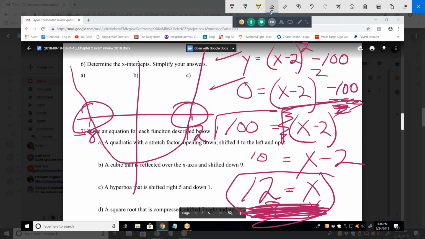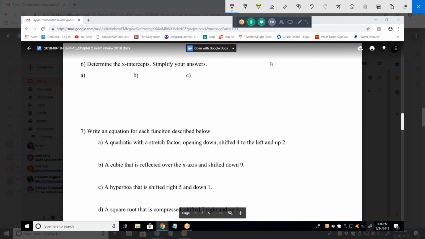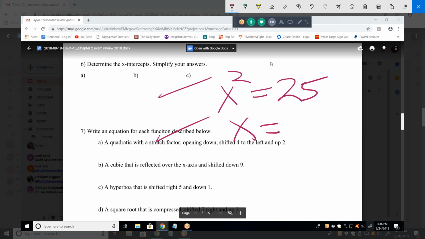And just to be clear, if x squared is equal to 25, what is x equal to? 25. Or how are you solving this? How are you going to go from this step to this step? Square rooting. Okay, so I'm going to take the square root of that.